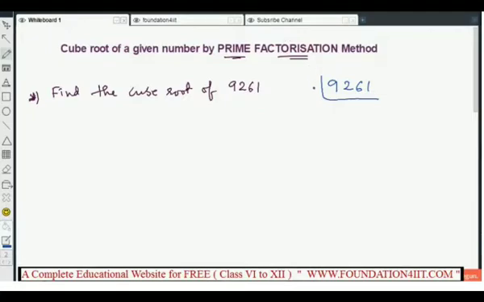Now we take 3, because it's not divisible by 2. 3 3s are 9, 3 8s are 24, carry 2, 3 7s are 21 plus 2 is 23... so 3 table gives 3087.